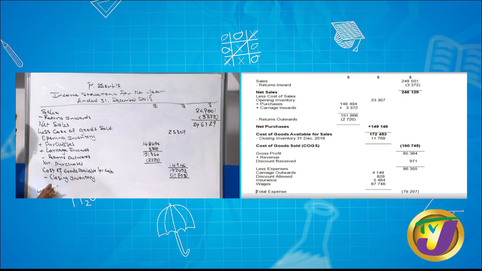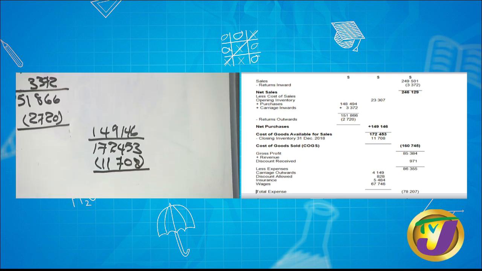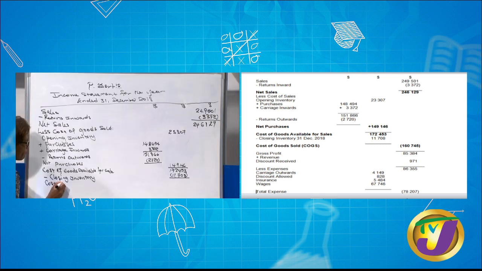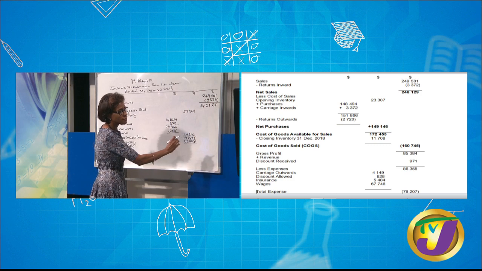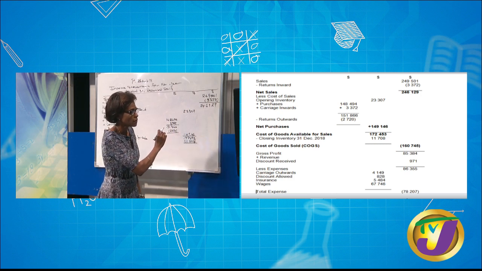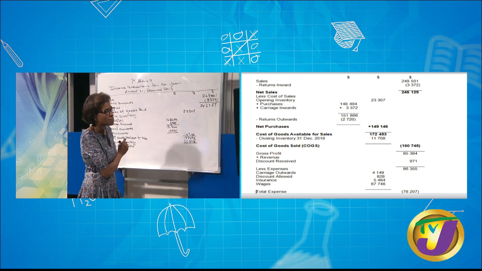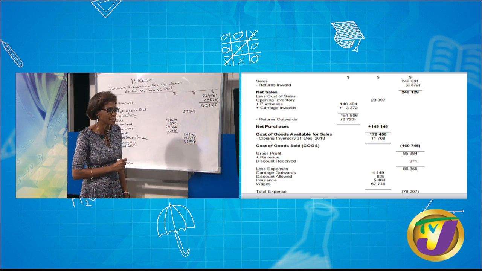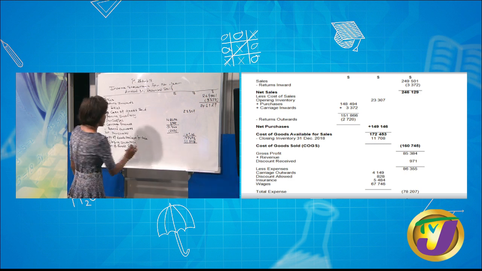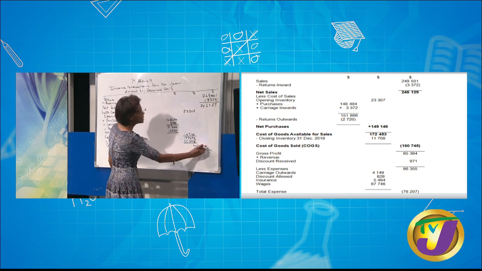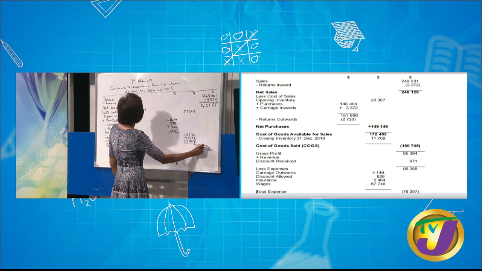And after we take our closing inventory from the cost of goods that we have for sale, we are left with our cost of goods sold. Okay, and in this case, our cost of goods sold figure is 160,745. So we have our cost of goods sold.